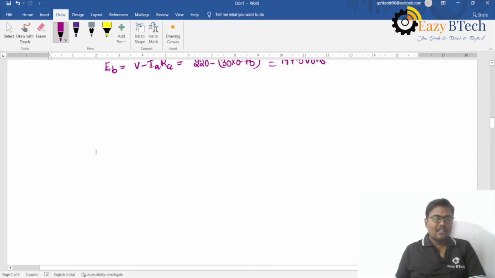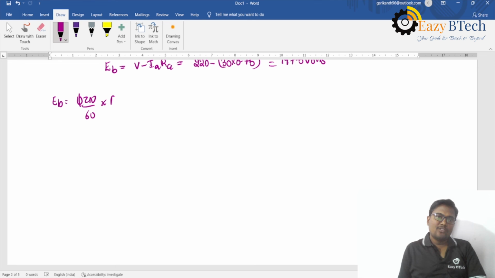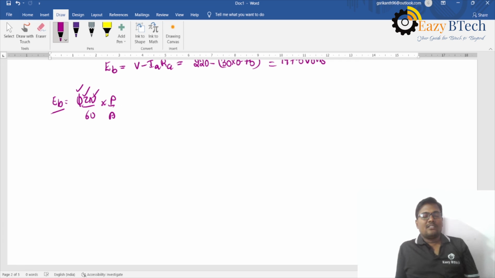In some problems, Eb = (φZN/60) × (P/A), where phi, Z, and speed are given, and you are asked to find the voltage or current. So how do you calculate the Ia value?